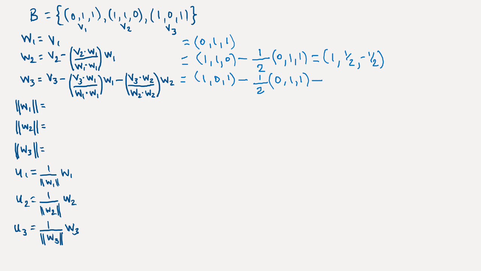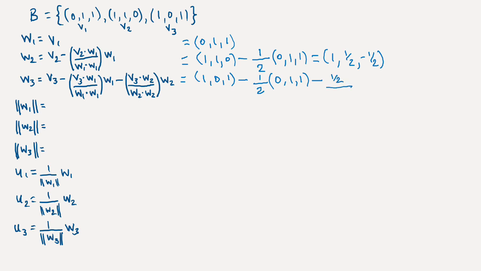the projection of V3 on W2. So inner product of V3 with W2. So V3, remember, is 1, 0, 1. W2 was 1, a half, minus a half. So we're going to have 1 minus a half, which is a half.